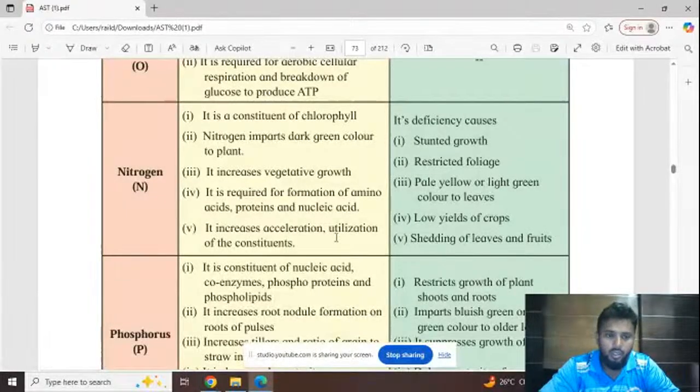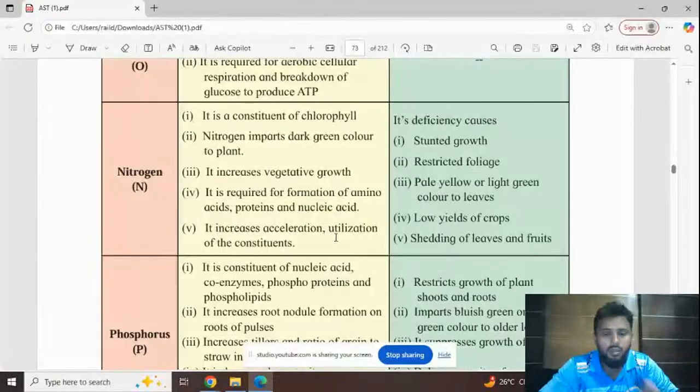Then I already told you that due to nitrogen, there is tillering, or vegetative growth is more. After vegetative growth is completed, then the second growth, that is reproductive growth, starts, that is flowering and seed formation. So before that, vegetative growth is important, and that is due to nitrogen.